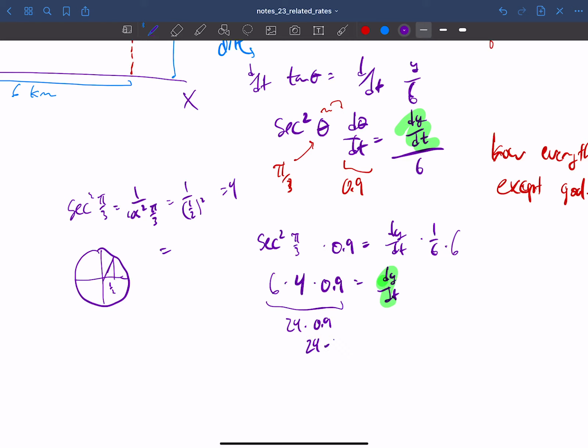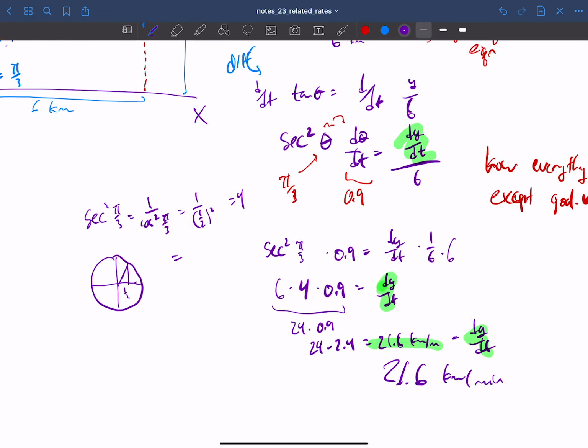So that's 24 minus 2.4, which is 21.6 kilometers per minute. That's dy/dt. That was what I wanted. The answer, 21.6 kilometers per minute. It's pretty fast.